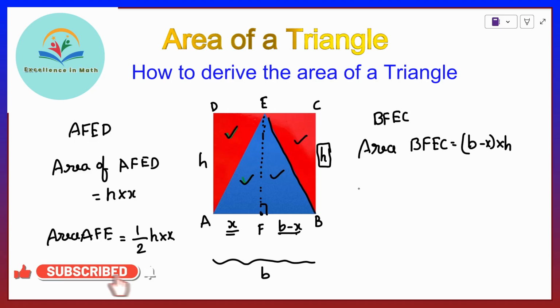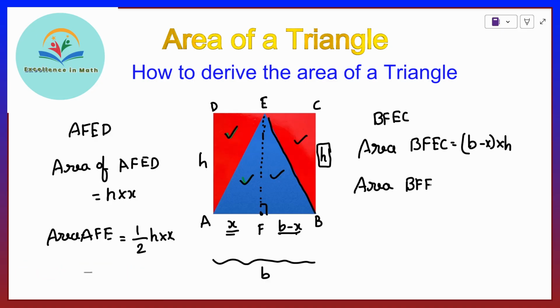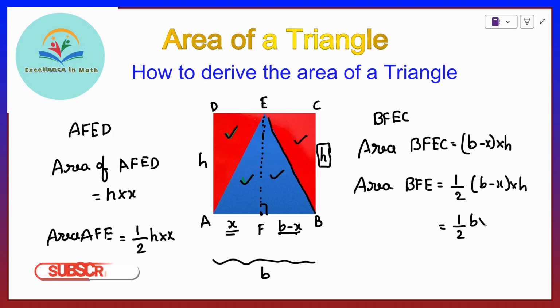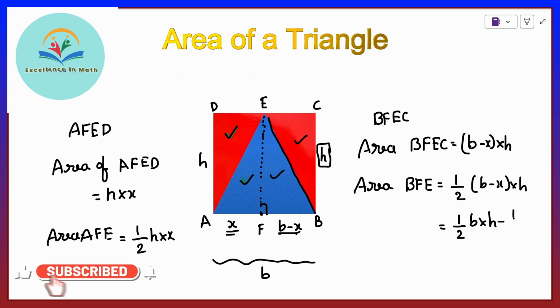So we can say that the area of the triangle BFE is half of B minus X times H. That is half of B times H minus half of X times H.